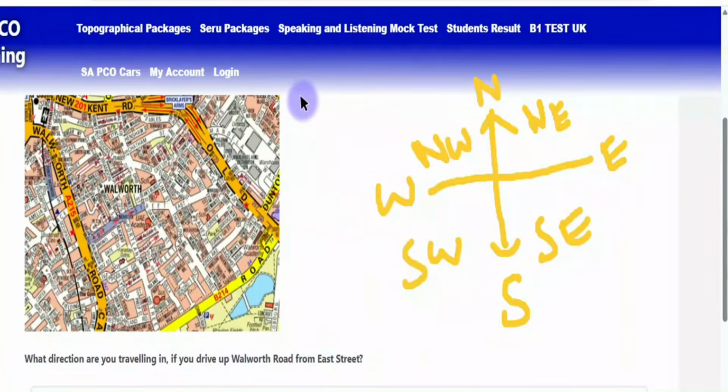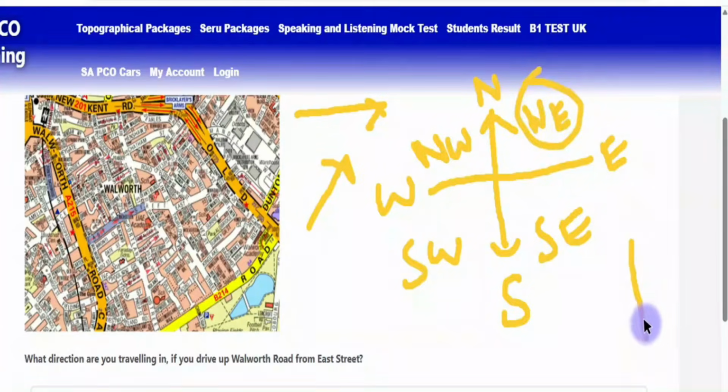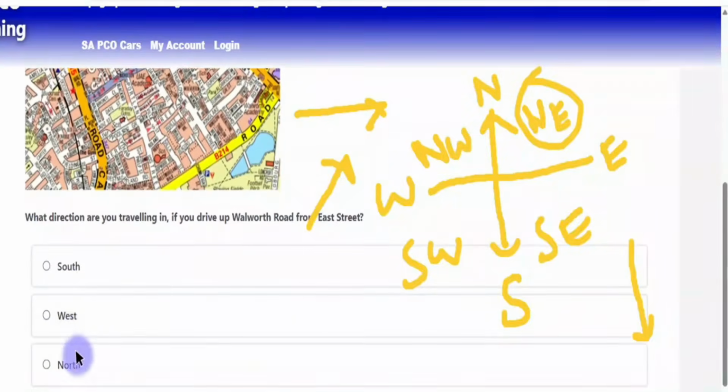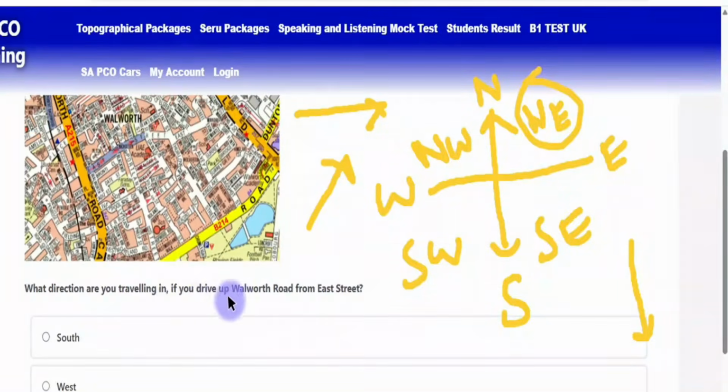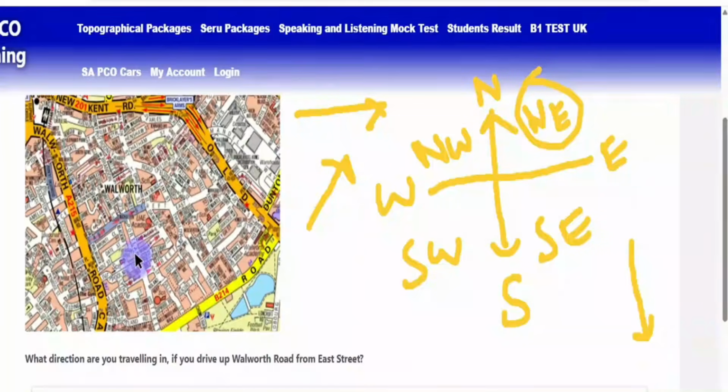Let's say if you're traveling this way, we say this is east. But if you're traveling this way, we would say this is northwest. Hope you understand. If you're traveling down, it means we are traveling south. So which direction are you traveling? They ask the question south, west, north. If you drive up Walworth Road from East Street, we're going to find East Street first. So I'm going to remove all this.